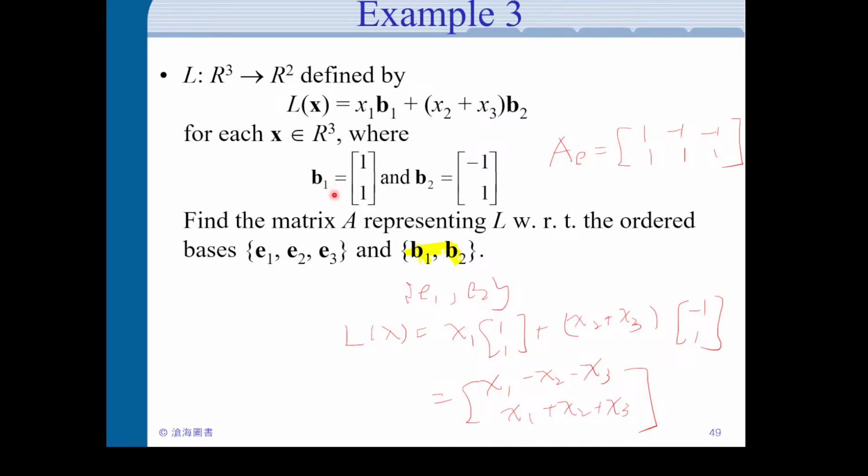And b1 is this vector (1, 1), and b2 is this vector (-1, 1). And in R3 we still use the standard basis. So we have x1, x2, x3 corresponding to the 3 coordinates of R3. Now we want to find the matrix A representing L, with this E1, E2, E3 in R3 and B1, B2 in R2.